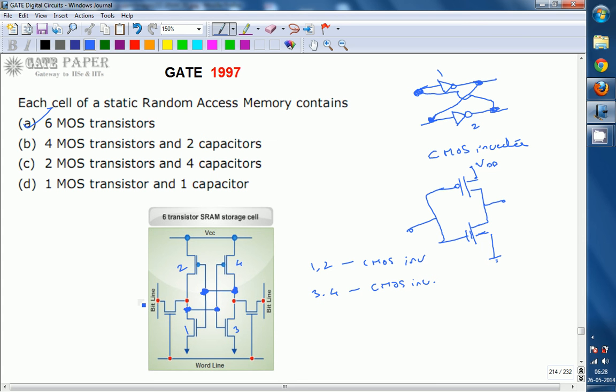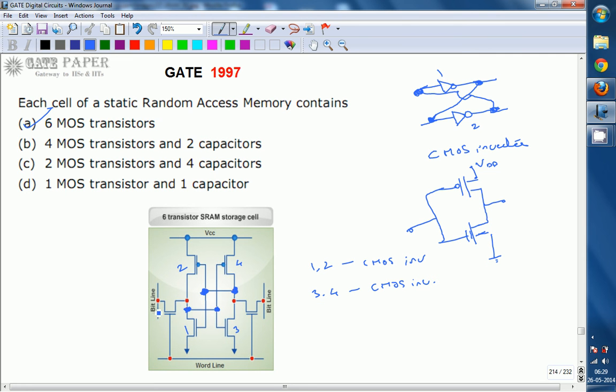For accessing these outputs we require two extra transistors, connected to the bit lines. Their inputs are the word line. With the help of the word line you choose a particular bit.